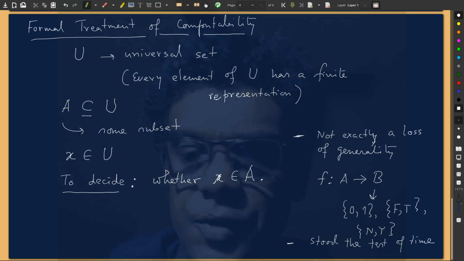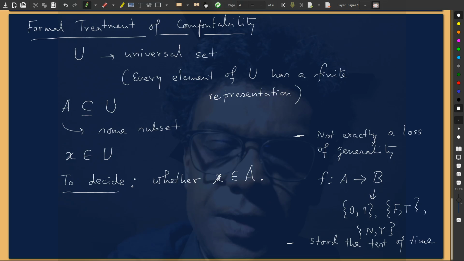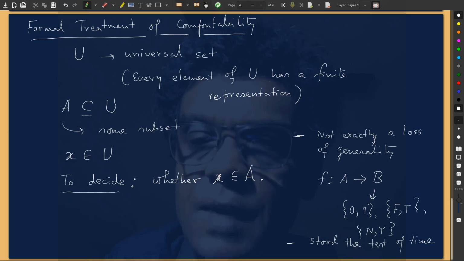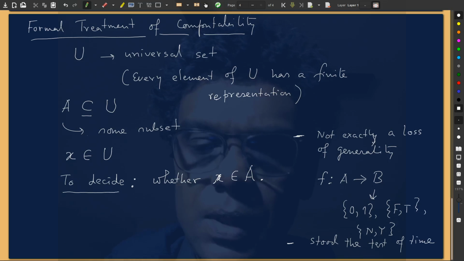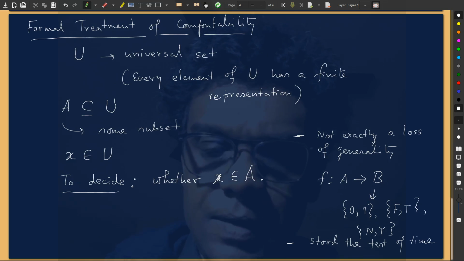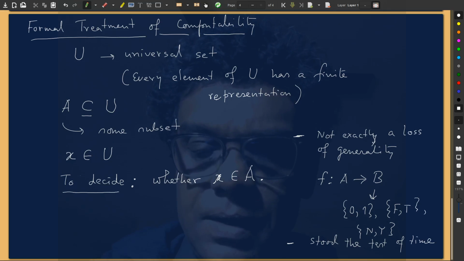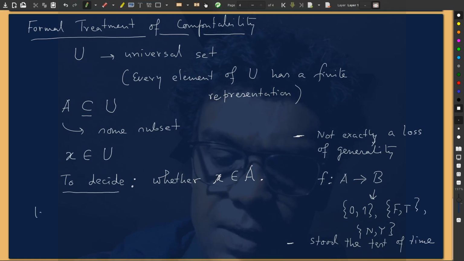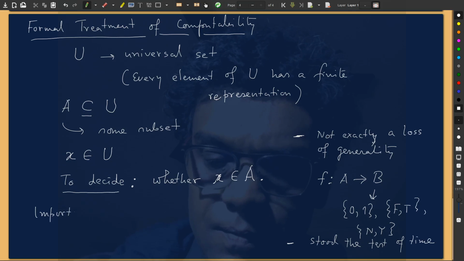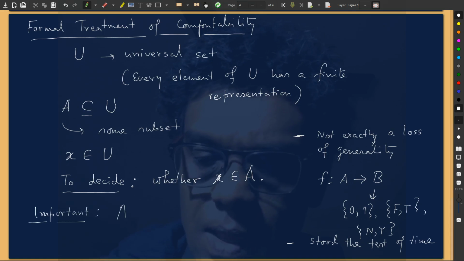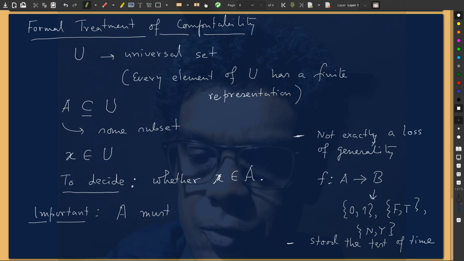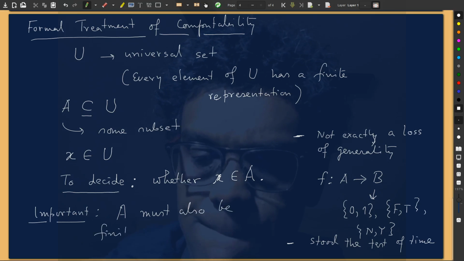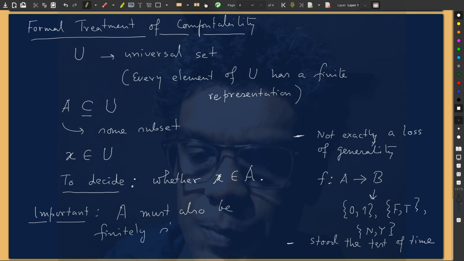So we will follow this. Given some universal set U, such that every element of U is finitely representable, and some subset A, another important thing is this: A must also be finitely specified.